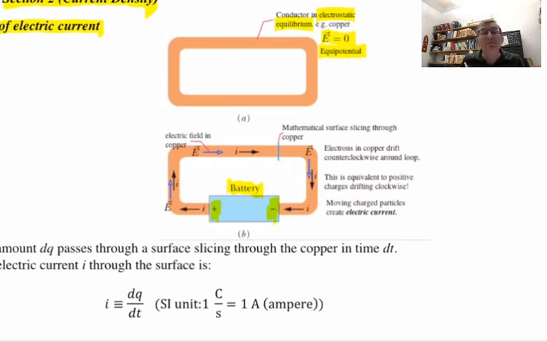And that battery creates, because of the potential difference, when you hook up the plus end to the minus end with this strip of copper, an electric field inside the copper. The electric field points from the high potential terminal to the low potential terminal, and it follows the shape of the ring.